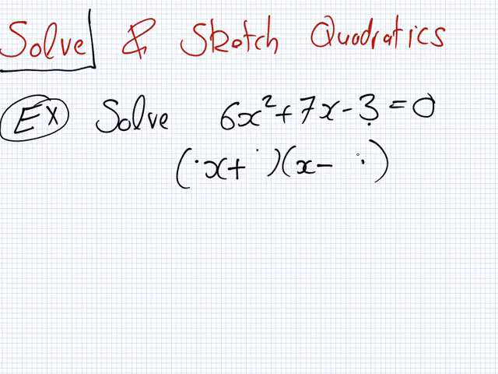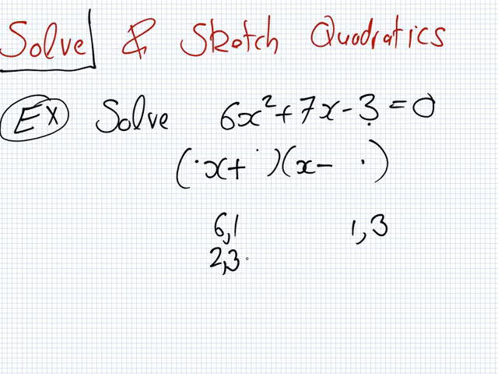So it has to be 1 and 3 to make 3 here. And to make 6, it has to be 6 and 1 or 2 and 3.